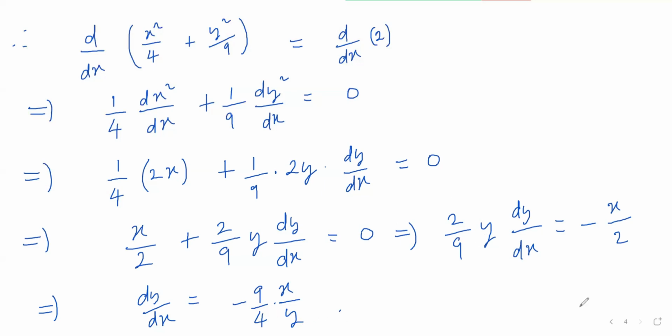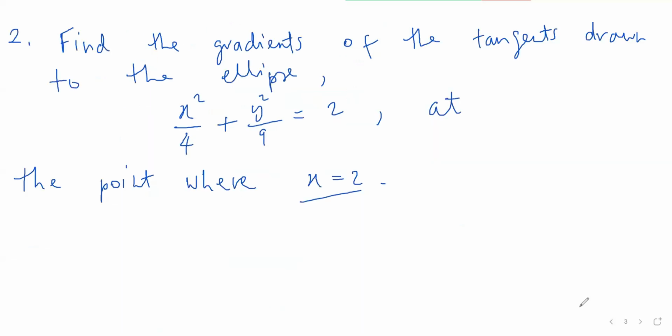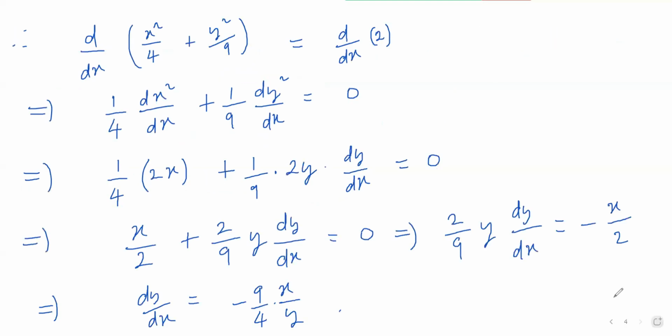In order to determine the corresponding y values of these 2 points where x is equal to 2, we have to solve the equation of the ellipse given to us here, solve it for y, and then substitute x is equal to 2.